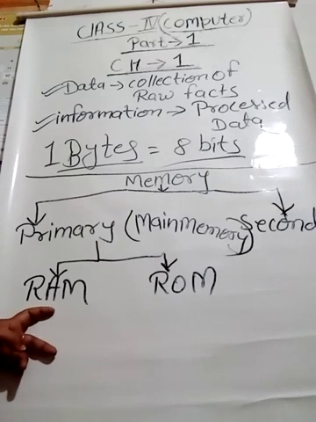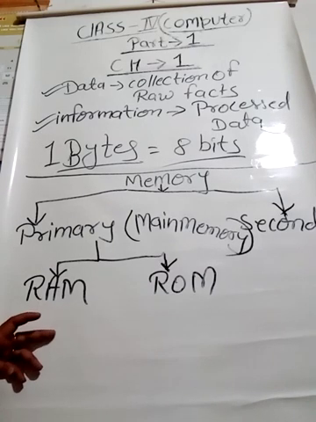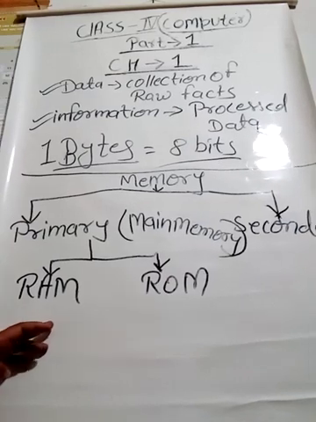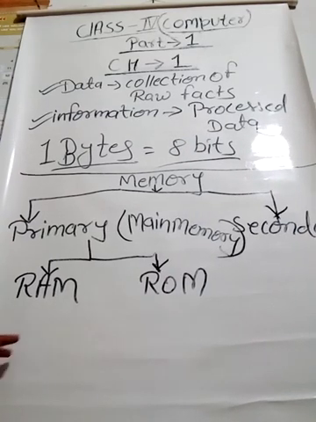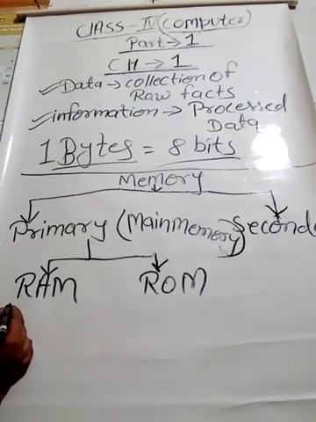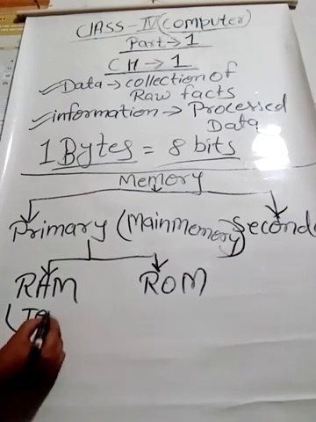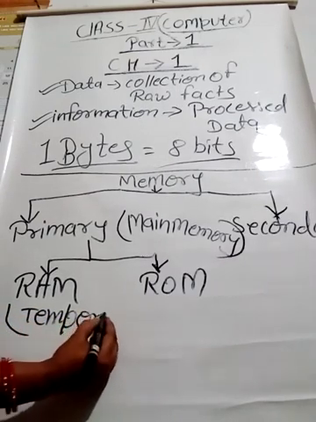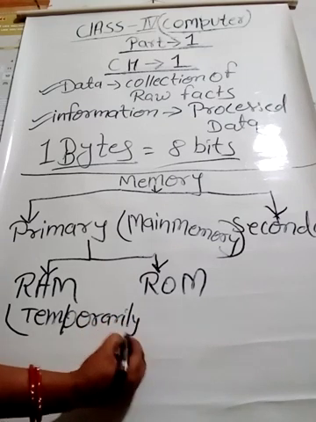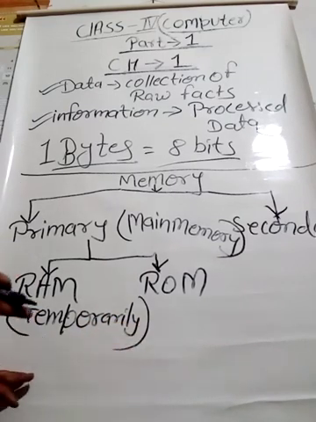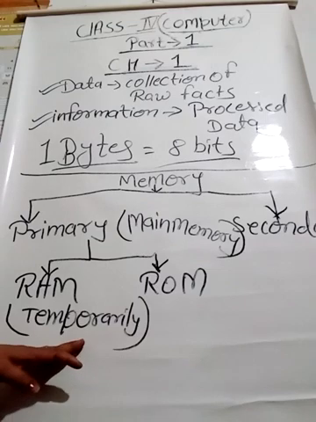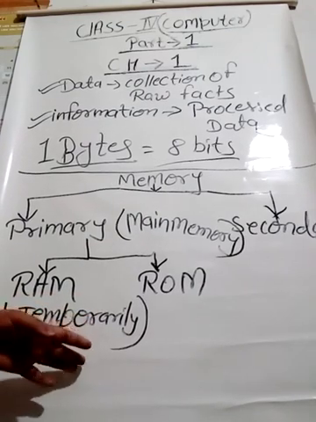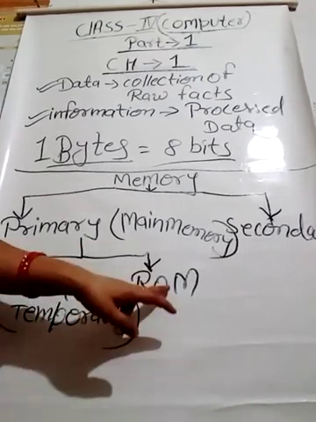It holds the data temporarily for current processing as long as the computer is in operation. So RAM holds the data temporarily. Once the computer is switched off, the data is deleted. Now ROM.